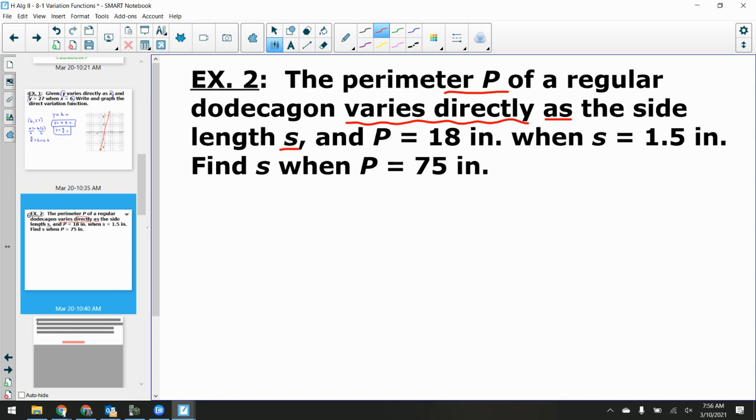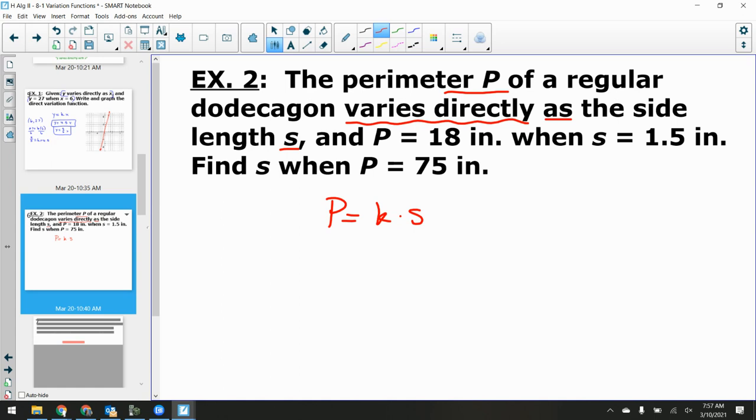Before it was y varying directly as x, right? So y equals kx. Now it's the perimeter varies directly as s. So I can say P is equal to k times s.